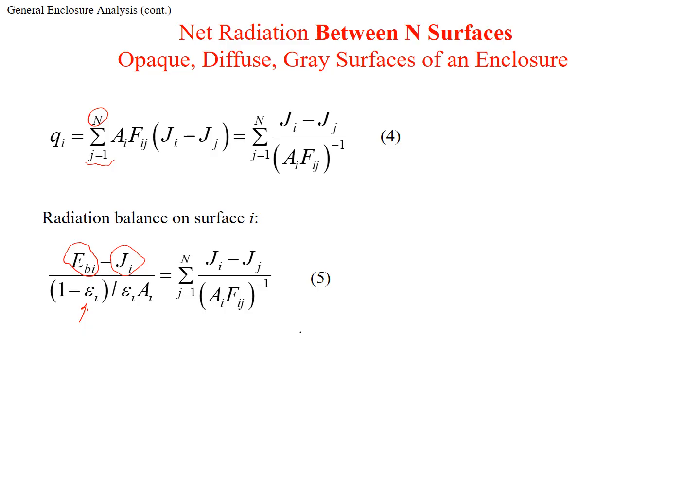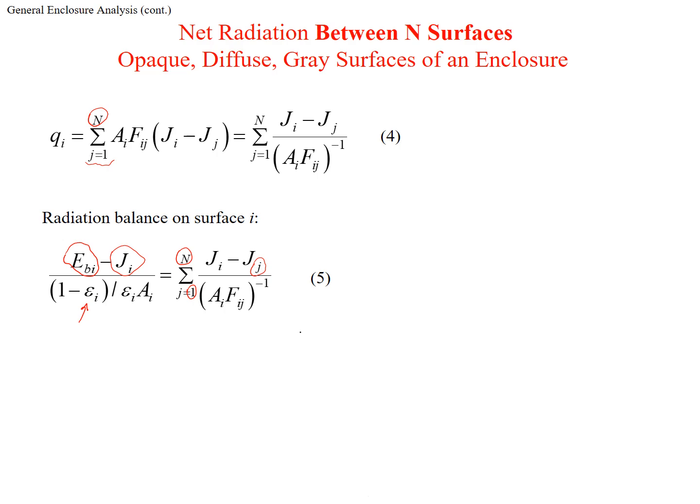We can also say that the net radiation depends on also the way the surface 1 views other surfaces, and that would be many surfaces, whatever it can see. So that's Ji minus Jj, and we said that these J's go from 1 all the way to the surface n. So surface 1 to 2, 1 to 3, 1 to 4, 1 to 5, all those surfaces.